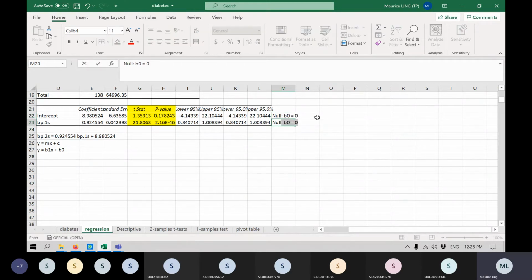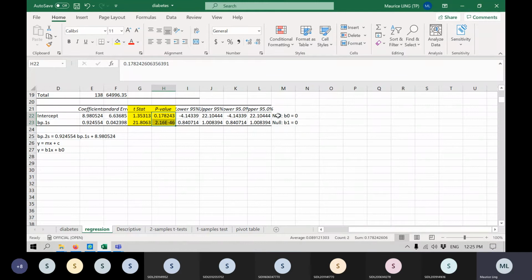Here the null hypothesis is that beta 1, the variable for the x-axis, equals 0. Then this is the p-value, which means that there is a 17.8% chance that the y-intercept is actually equal to 0.